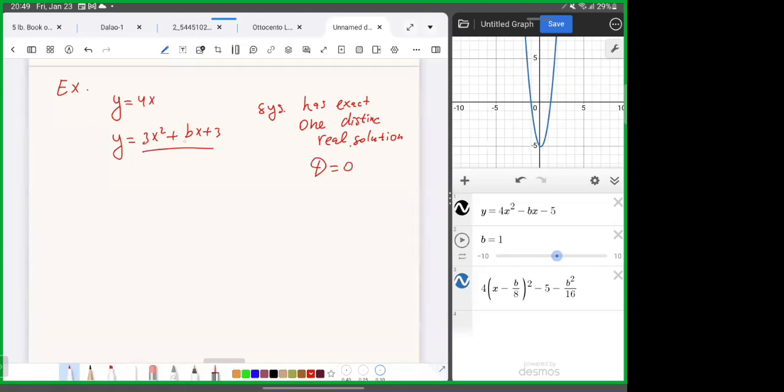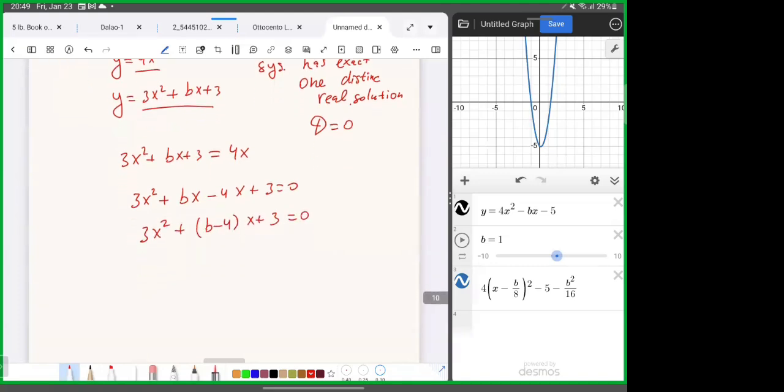So just equalize the y coordinates. You will find 3x squared plus bx plus 3 equals 4x. So 3x squared plus bx minus 4x plus 3 equals 0. Now you can factor out x. The number will be (b minus 4) times x plus 3 equals 0.